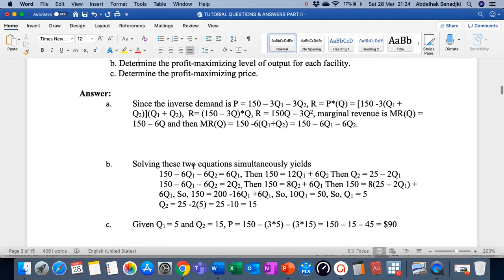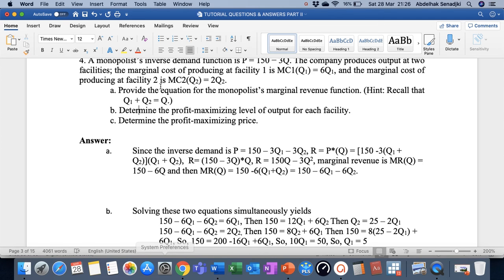MR equal to MC1 means 150 minus 6Q1 minus 6Q2 equals MC1. MC1 is 6Q1. Correct? The second condition, 150 minus 6Q1 minus 6Q2 equals MC2, which is 2Q2.